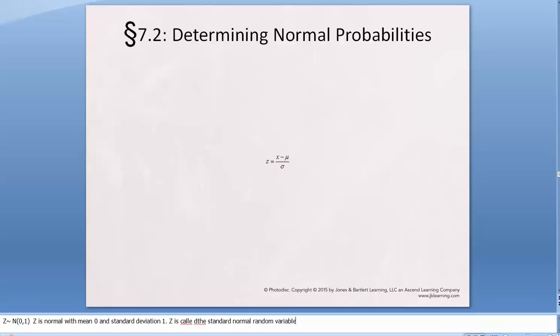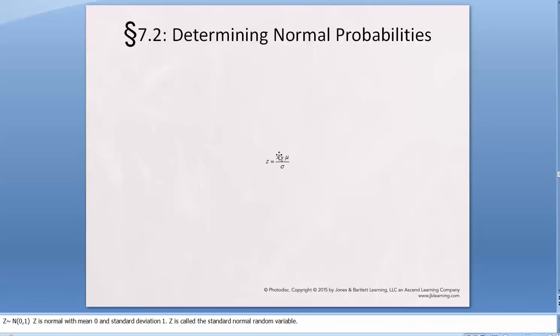It is given a special name because it's so important. If you have a random variable with mean 0 and standard deviation 1, we give that special notation Z to denote it, and it is called a standard normal random variable.